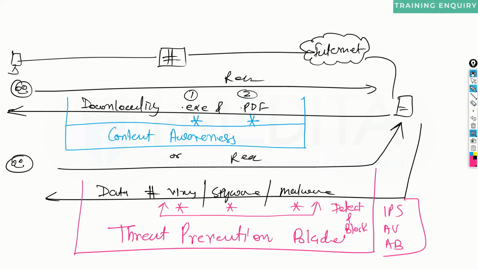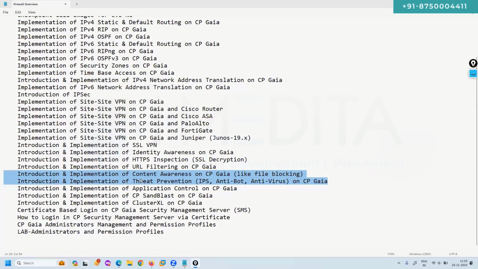Clear? So these things come under Content ID: your content awareness and threat prevention. Clear? Yeah, yeah.